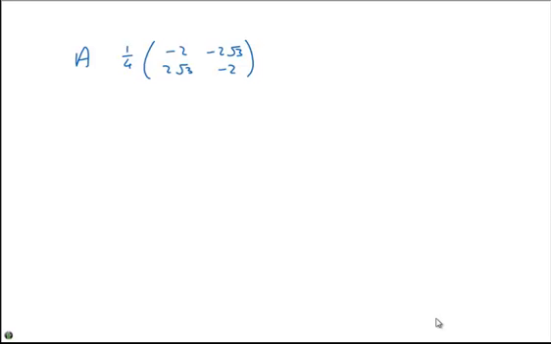So you'll have a quarter. A is a half, you'll multiply that by 1 over 8.